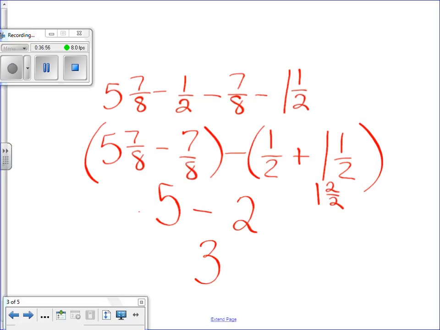So it's a lot easier just to combine those two and subtract it from this side. I combined those two just because they had the common denominator. But I'm subtracting all of these things from this front number. Does that make sense? Kinda.